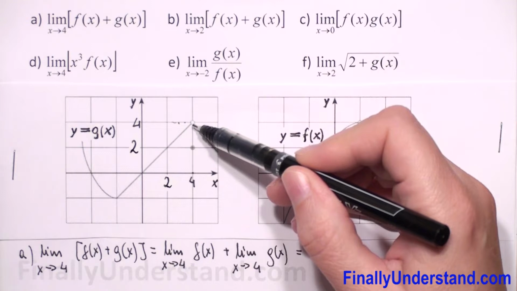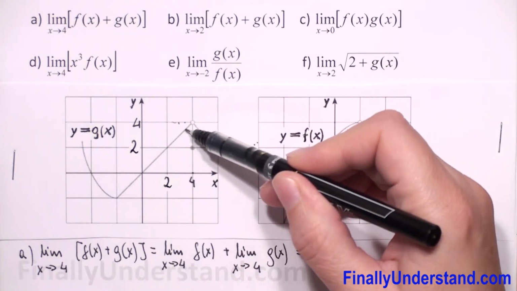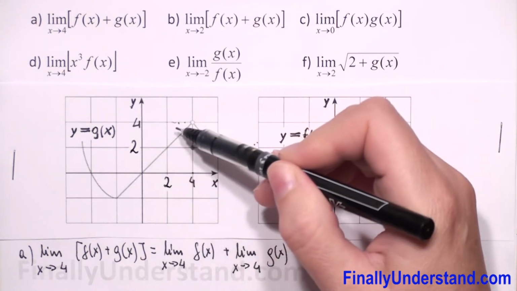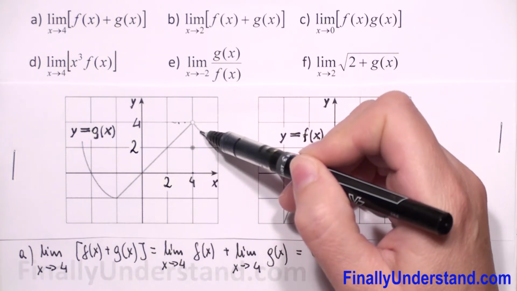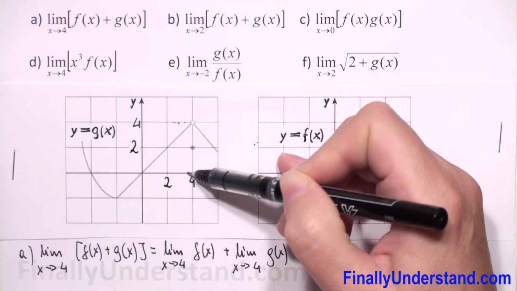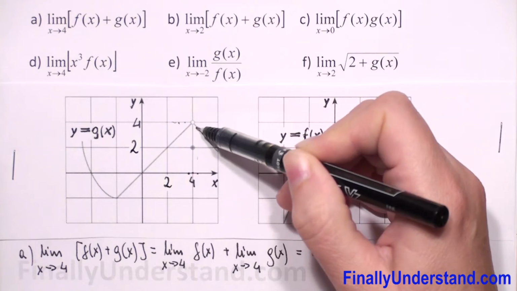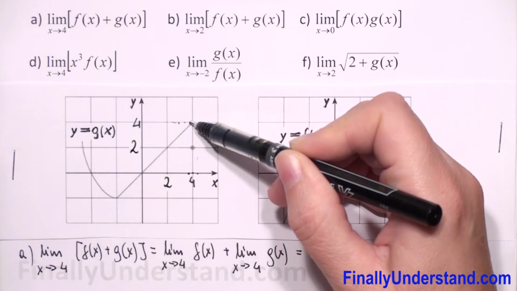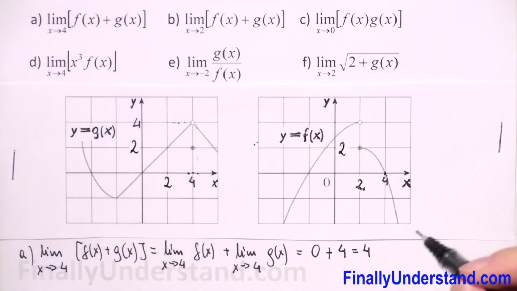That's why the limit as x approaches 4 of g of x is 4, not 2, because we consider values of x that are close to 4. When we are close to 4 from the left side or from the right side, we are going to 4. So this is equal to 4.